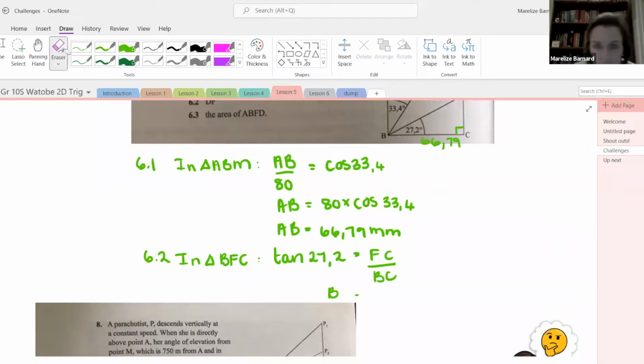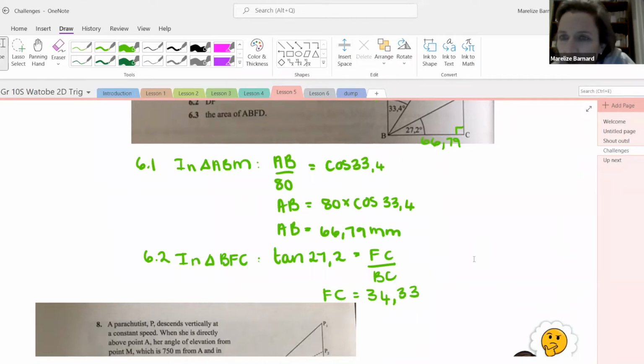So FC is 66.79 times tan of 27.2, which is 34.33.